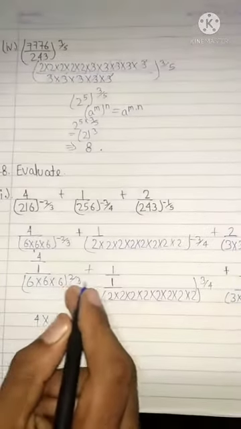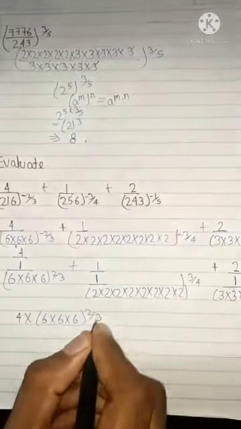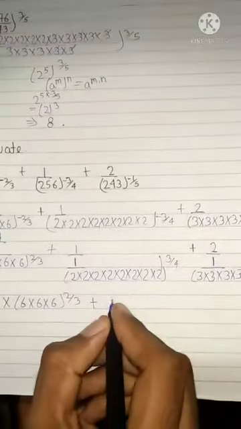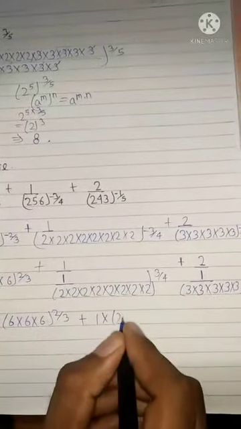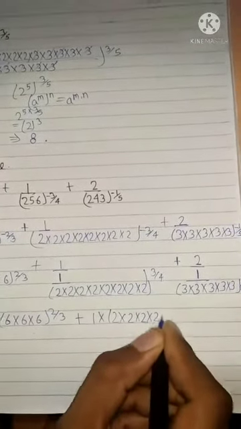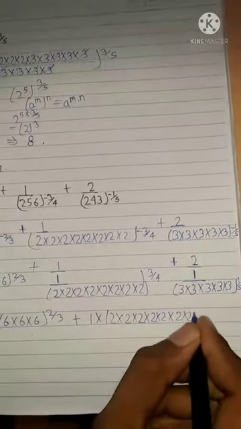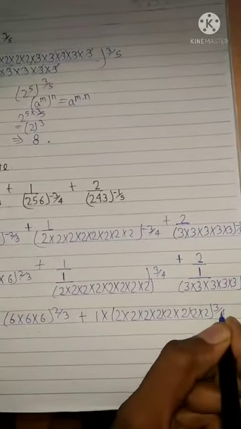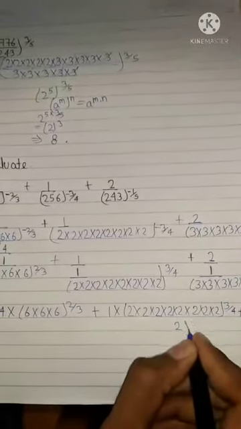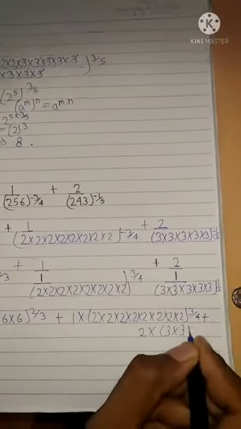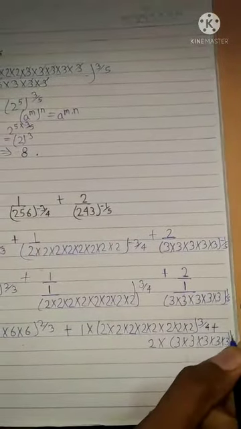This 6 into 6 goes to multiply into the numerator, which is 4 power 2 by 3, plus 1 into this is also multiplied into the numerator, which is 1, 2 into 2 into 2 into 2 into 2 into 2 into 2 into 2 power 3 by 4, plus 2 into 3 into 3 into 3 into 3 into 3 power 1 by 5.